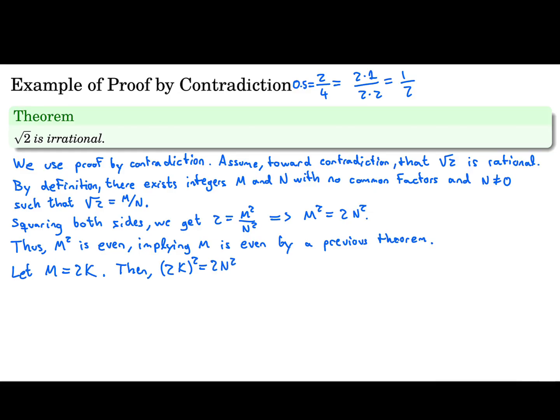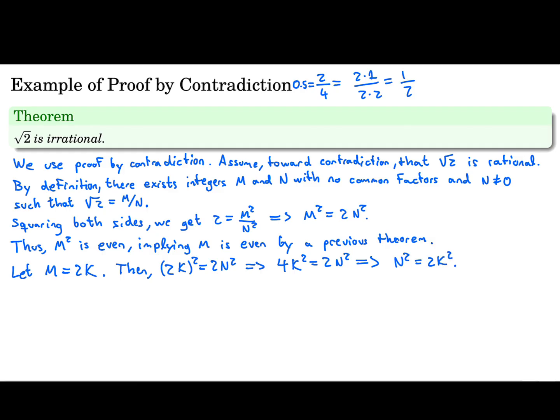So if m is equal to 2k, then m squared, which is 4k squared, will be equal to this here, 2n squared. And that means, if you do some algebra, that 4k squared is equal to 2n squared, and that means that n squared is equal to 2k squared.